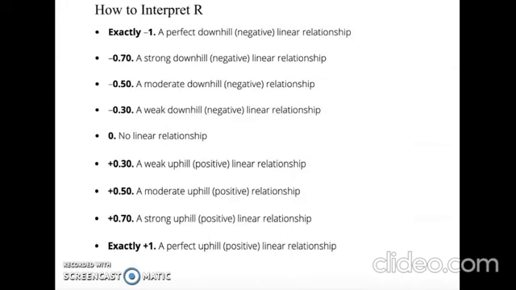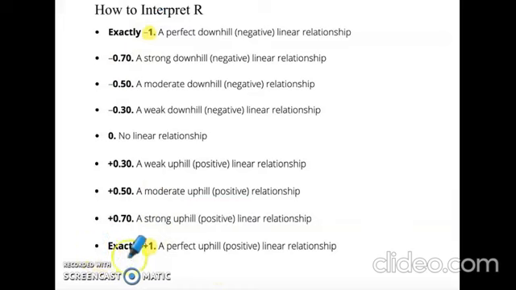Okay, but the strength. If it's a 0, then there is no strength, there is no linear relationship. But you can see as we go farther away from 0, we start to get progressively stronger and stronger. But R values are only between -1 and 1.